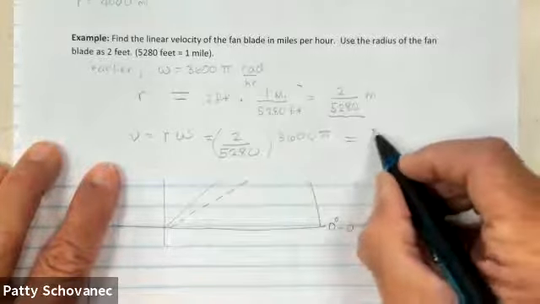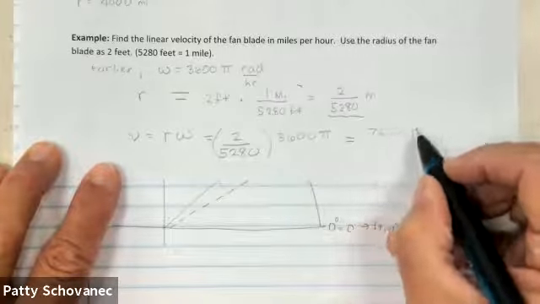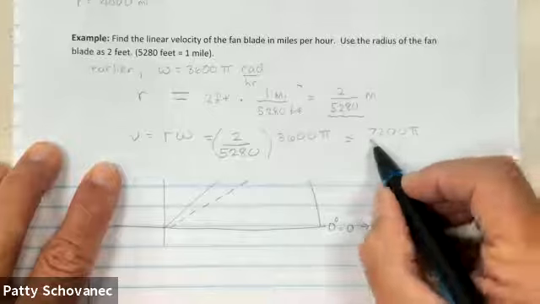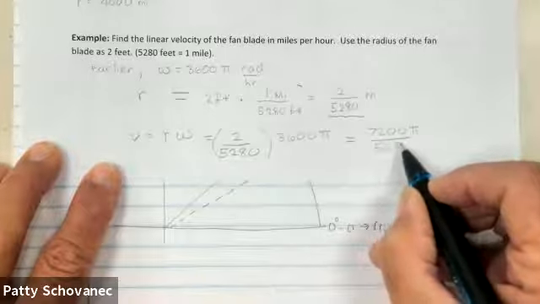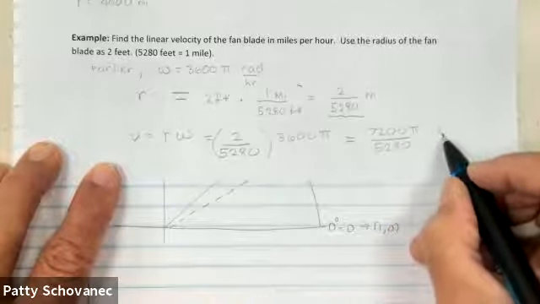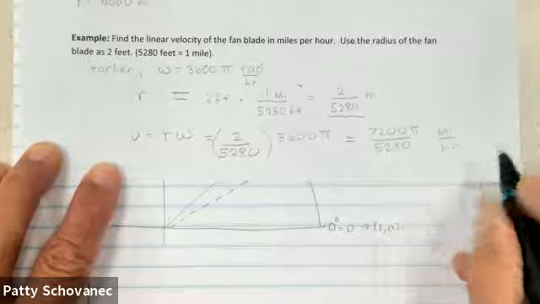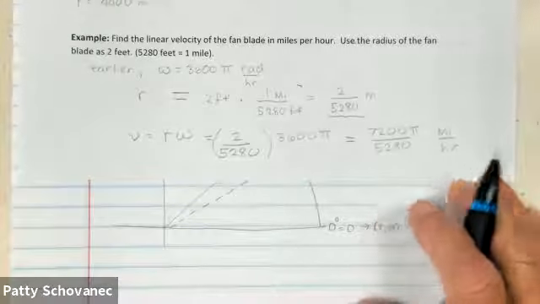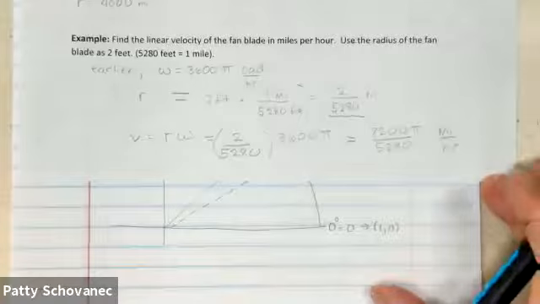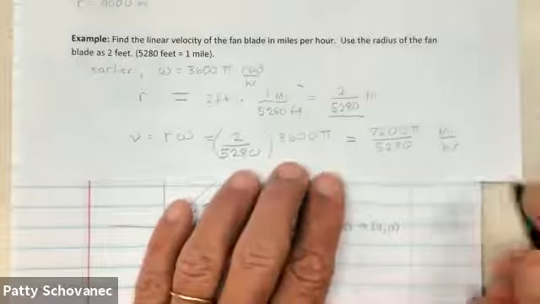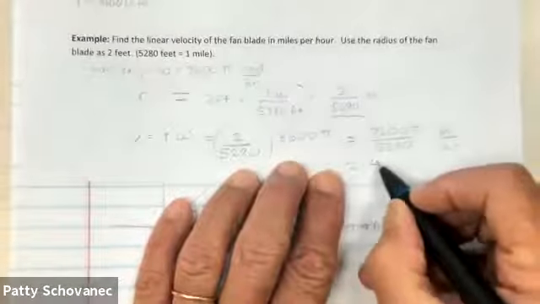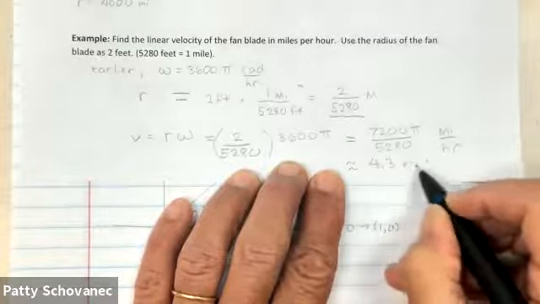And so this is going to give me 2 times 3,600 pi, which is 7,200 pi, over 5,280. And that will now be in miles per hour. And as a decimal, that one is about 4.28, maybe about 4.3 miles per hour.